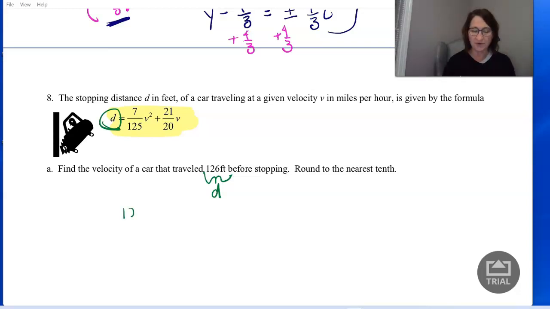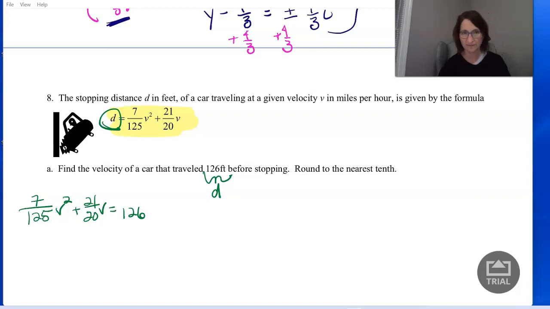So we're going to get 126. I'm going to flip this around and put my variables on the left, just because that's how we've been looking at things. So that gives me 7 over 125 v squared plus 21 over 20 v equals 126. All right. Now's where it gets a little bit complicated.